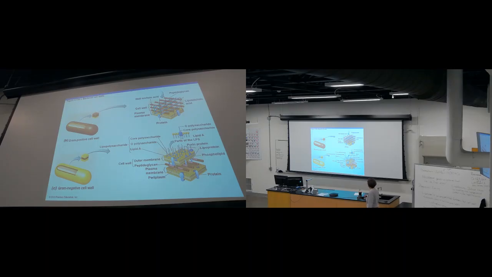And this is a reminder of what you have seen before about the difference between a gram-positive cell wall and a gram-negative cell wall. So again, the gram-positive cell wall is thicker.